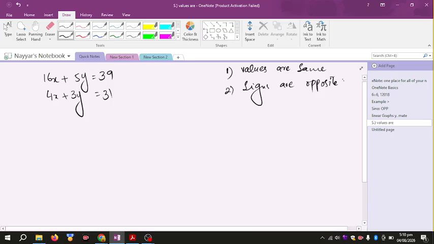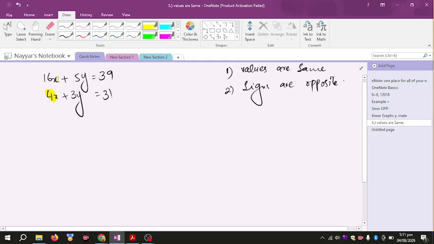Here the values are not the same: it's 16x and 4x, and 5y and 3y. So we can make the x variable term the same. If this is 16x, I can make this 4x into 16x if I multiply it by 4, and then my values will be the same, so then I can eliminate.